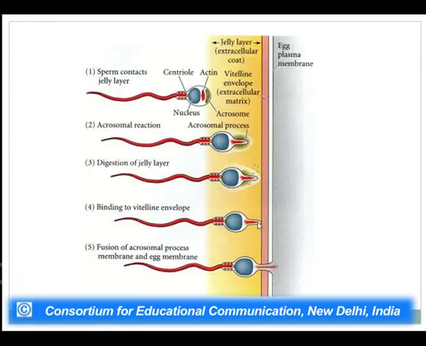When the sperm has reached there, the binding occurs at this point, and then the sperm plasma membrane and the egg plasma membrane fuse together, making a cytoplasmic bridge through which the nucleus and the tail and everything can pass to the inside of the egg.